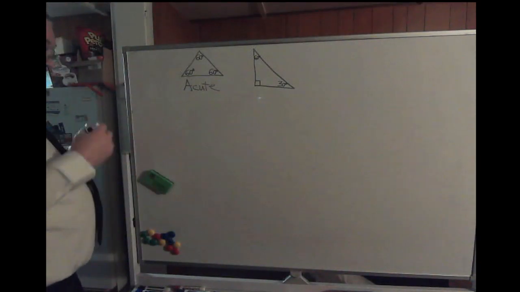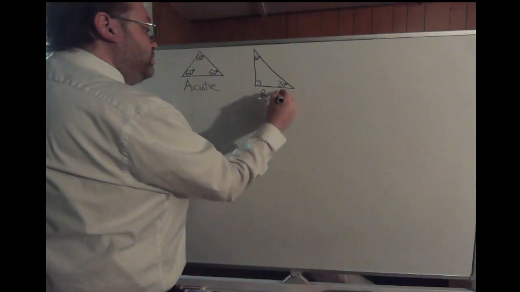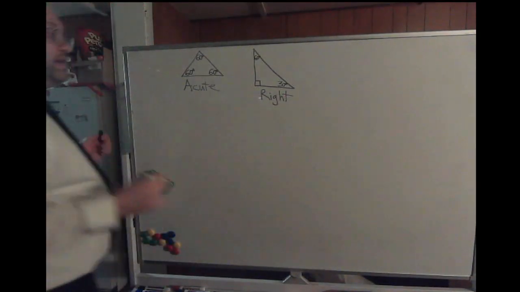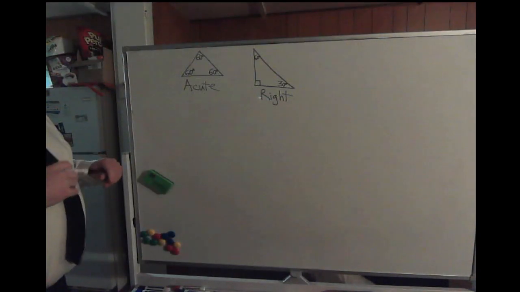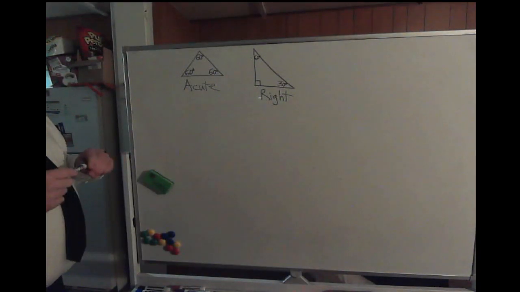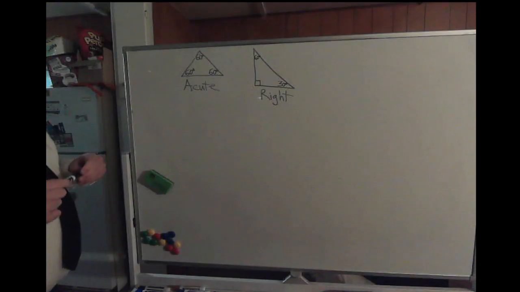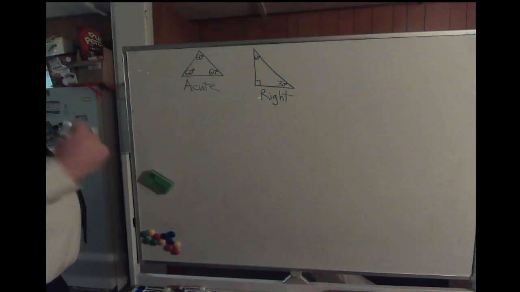In a right triangle, you can only have at most one right angle. That makes sense, because if you had two right angles, you would already be at 180. The third angle would put you over 180, which would not make it a triangle. So in a right triangle, you can only have one right angle.